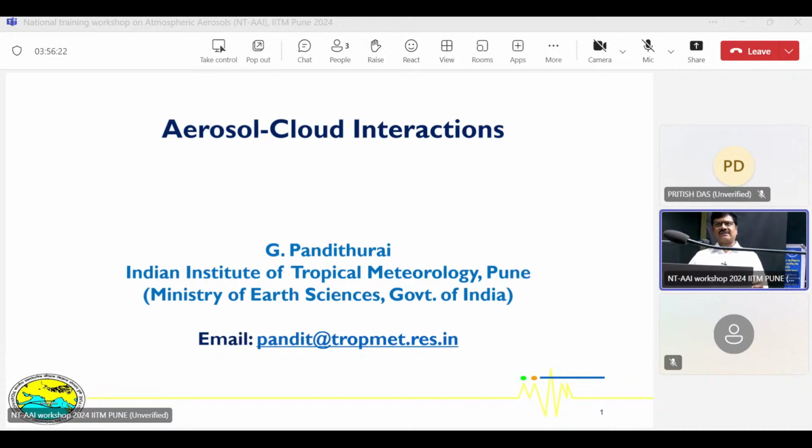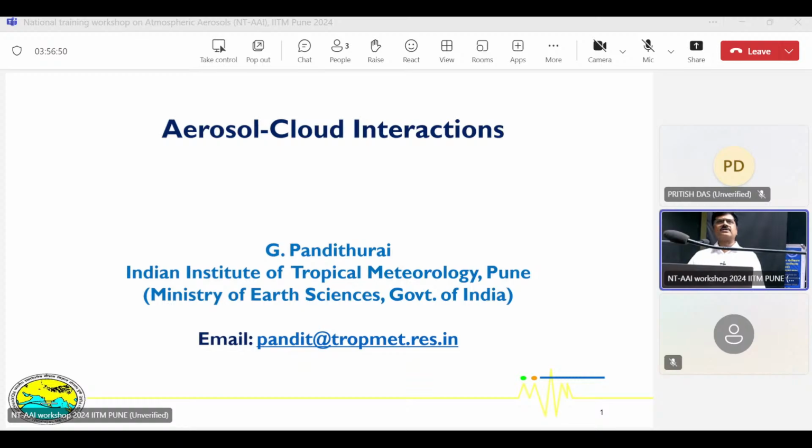It's a direct effect because aerosols can scatter and absorb. It can reduce the incoming solar radiation reaching the Earth's surface, so in turn it cools the surface. At the same time, it can also change the radiative energy budget at the top of the atmosphere. So this is a direct effect.